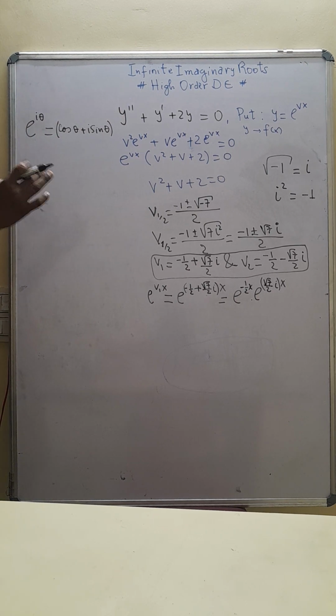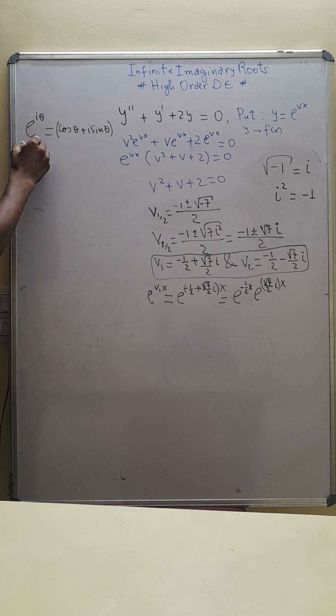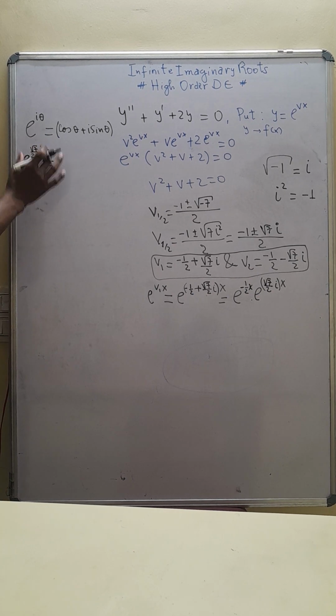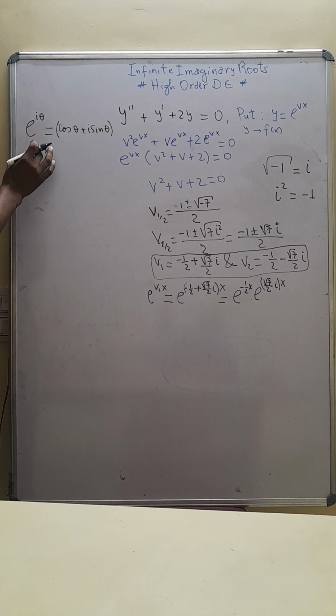This is what we are going to apply here. In the second, remember, we have Euler raised to root 7 by 2 I times x. So what does it mean? What is theta, what is I here? Theta will be all the expression that is not containing I. So this one and this one is your theta.